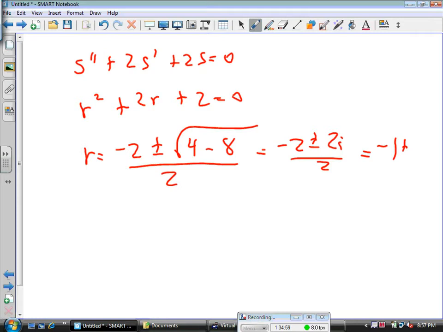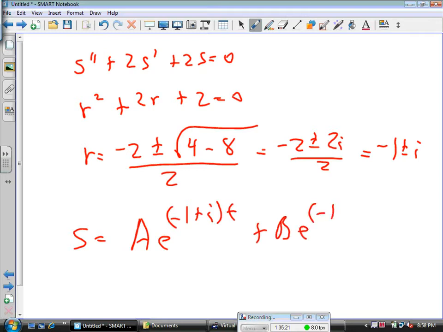I could just say negative 1 plus or minus i. So what's the solution? R1 is one of these, R2 is the other one. These are two numbers here, yes? Negative 1 plus i, negative 1 minus i. I don't care who you call R1, who you call R2. But the solution is A e to the R1 t plus B e to the R2 t.